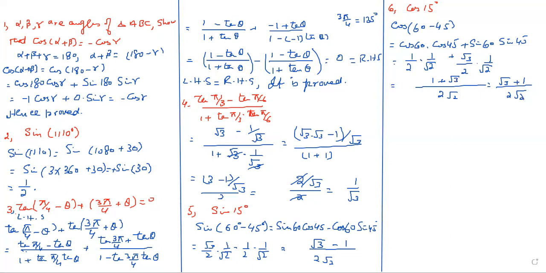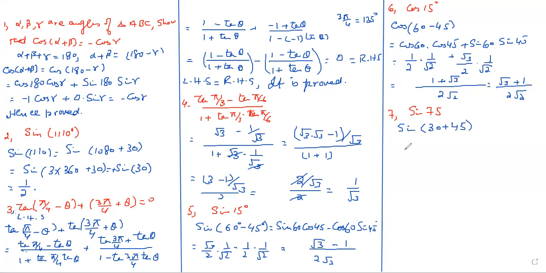Let's take one more question of this type. Find the value of sine 75. So we may write it as sine 30 plus 45, right?